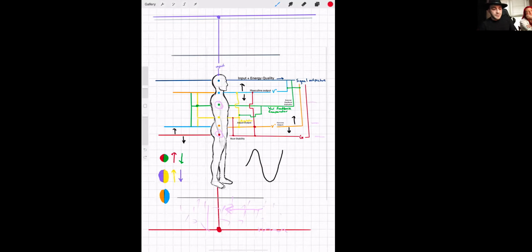Instead of a perfect output, we might then result in something that has less amplitude, less energy, less clarity. And when we have less clarity and amplitude at the output, it is going to be harder to read and evaluate and give feedback to yourself around the signals that we're processing.